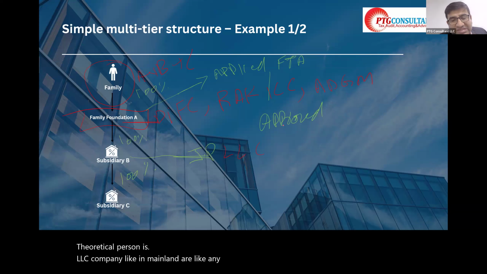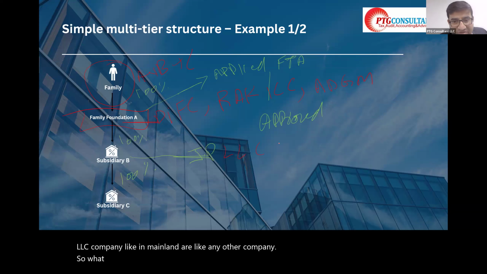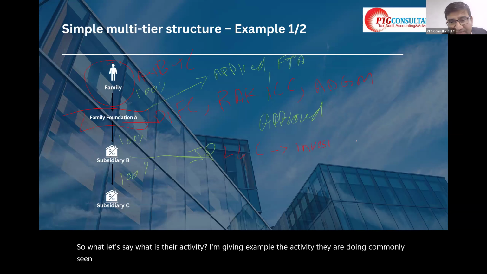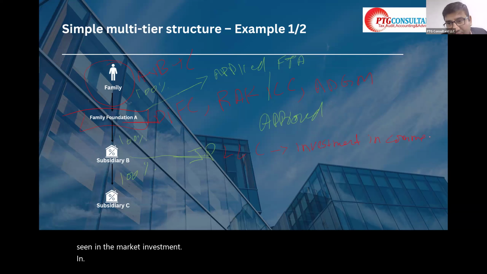So let's say, what is their activity? I'm giving you an example. The activity they are doing, commonly seen in the market, is investment in commercial enterprises. So this is the activity.